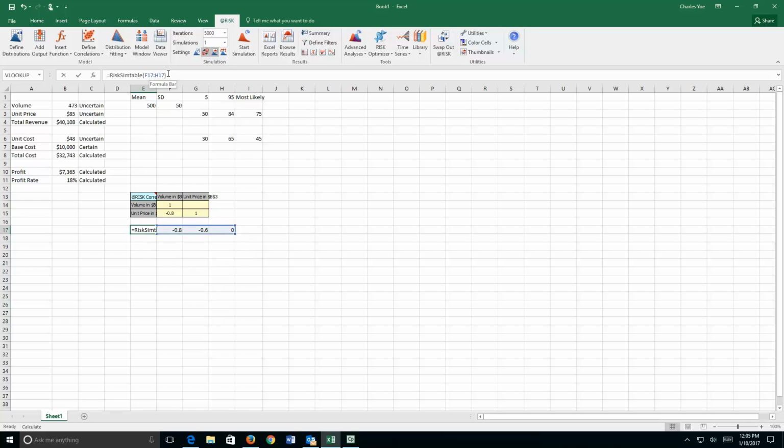So notice up here in the function line, risk sim table F17 through H17. So what this is going to enable us to do is we're going to do 3 simulations, one with minus 0.8, one with minus 0.6, and one with 0 as the correlation between volume and unit price.